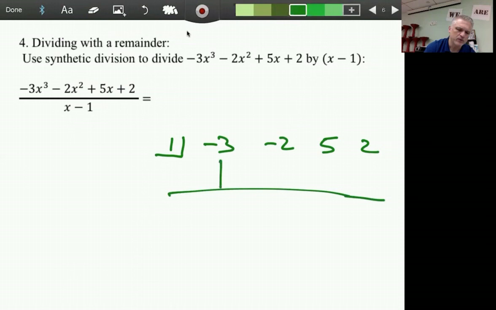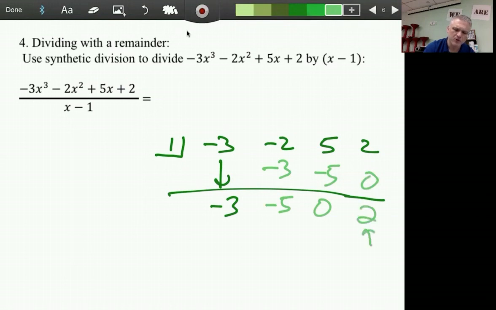Okay, so let's go ahead and do our synthetic division. We're going to bring the -3 down. We're going to multiply and put the product right there. We're going to add. We're going to multiply. We're going to add. We're going to multiply. We're going to add. Okay, so remainder is 2. All right, there's a remainder of 2. Well, what did we do when we were in grade school?